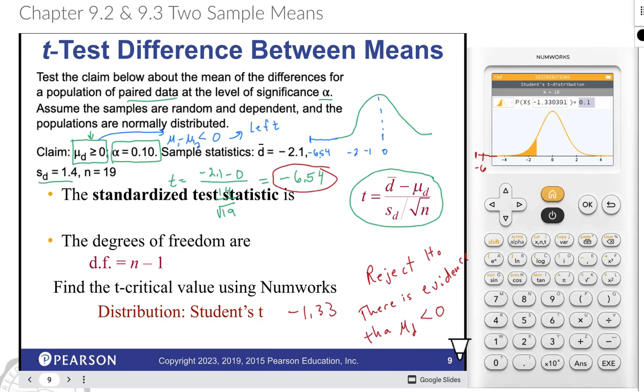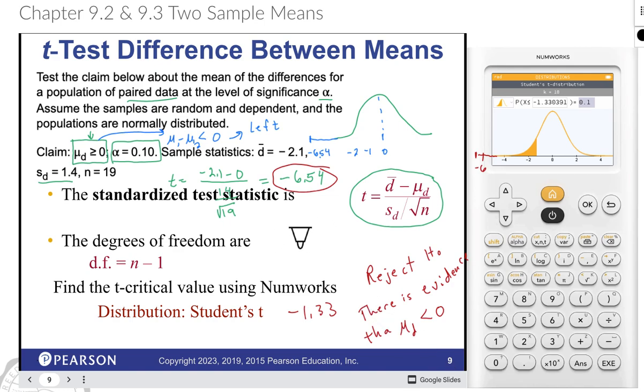So there was a decrease from measure 1 to measure 2. That's what this tells us. And that's good. Maybe as a blood pressure medicine, we wanted to see if our blood pressure medicine actually does reduce the blood pressure. This is a good thing. The difference is less than 0 means there was a decrease.